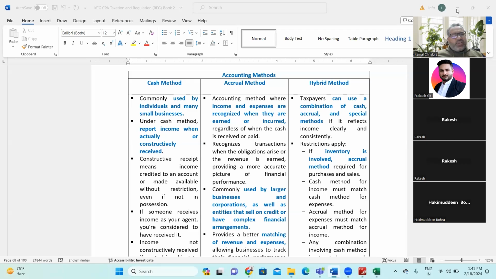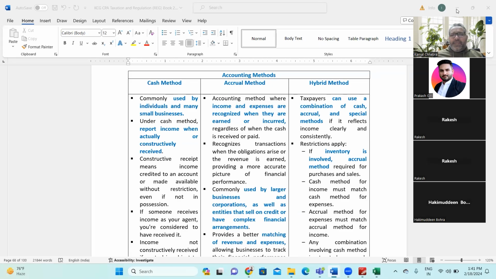For tax purposes, all methods of accounting are allowed for individuals. But there are specific provisions for various categories of businesses. There is a certain amount limit; if their turnover is more than that limit, then they need to follow the accrual method of accounting. Otherwise, for small businesses and individuals, all methods of accounting are acceptable for tax purposes, right?